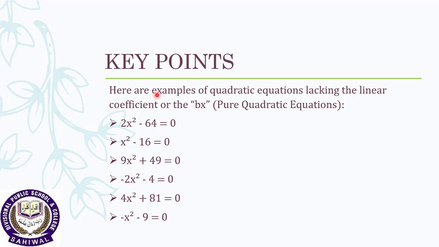Here are some examples of the quadratic equation that lacks the linear term or the linear coefficient b is equal to 0. That is, we have pure quadratic equations. Here are some examples that are representing pure quadratic equations.